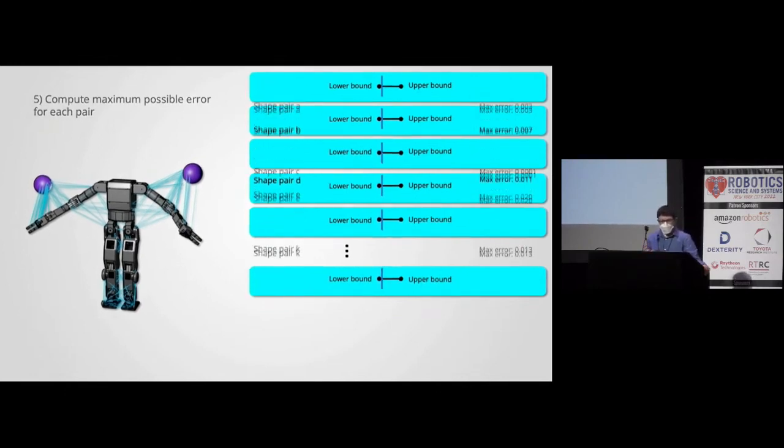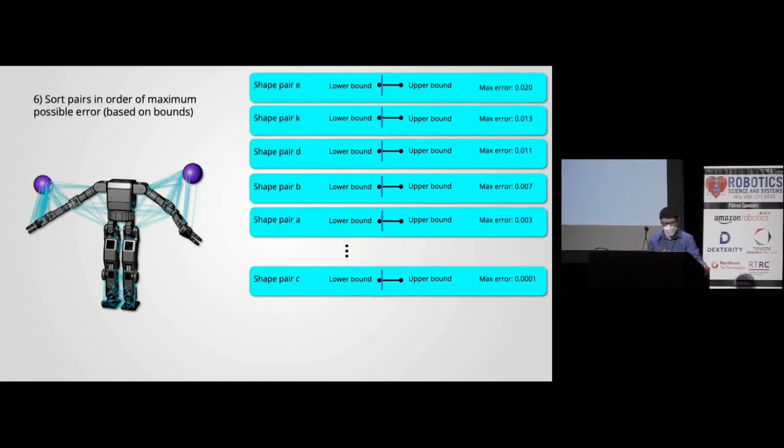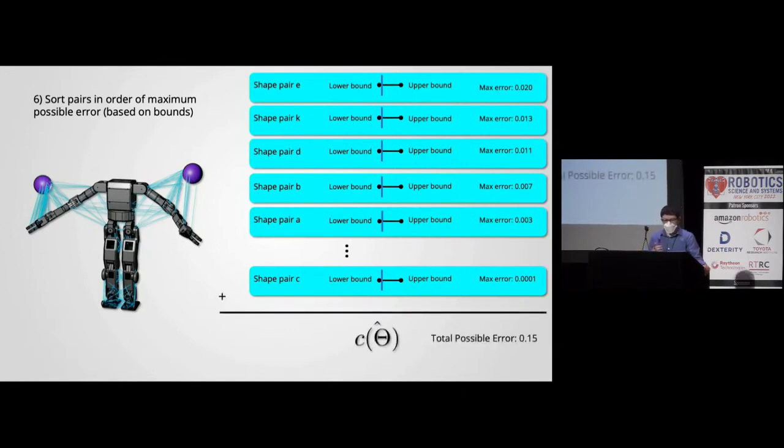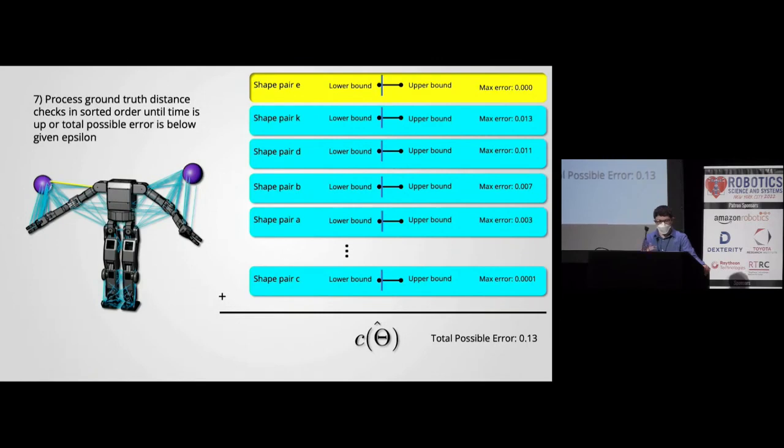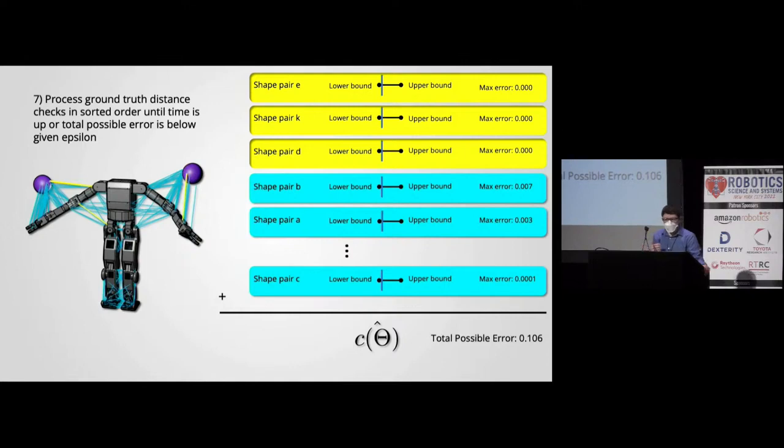The algorithm sorts the pairs of shapes based on their maximum possible error from greatest to least, sums up an initial approximation value and maximum total error, then processes ground truth signed distance checks between pairs of shapes in sorted order until either time is up in the case of a time budget, or until the total possible error is below some given epsilon in the case of an accuracy budget. Because ground truth distance checks are processed in order of maximum possible loss function error, we argue that our algorithm makes great use of its computational resources within its allotted budget.